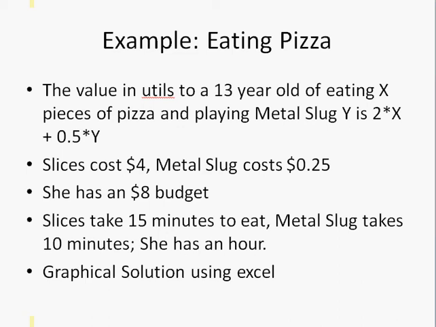All else equal, we get 2 points for a pizza and half a point for a game. Pizza slices cost $4 and Metal Slug costs 25 cents, and she has an $8 budget. So right away you can see we're going to be limited to 2 slices of pizza or 32 games of Metal Slug.